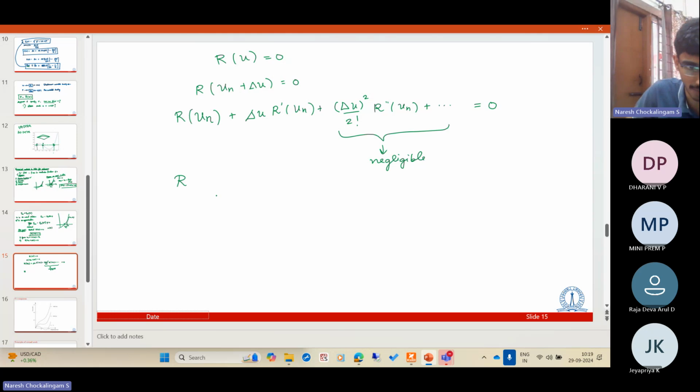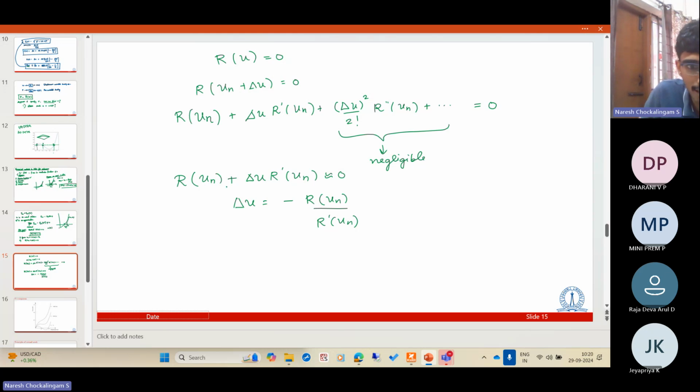So the initial guess has to be reasonable. If it is fairly close to u, you can approximate this as roughly 0. Now solve for delta u. What is delta u? It is minus r of un by r dash of un.